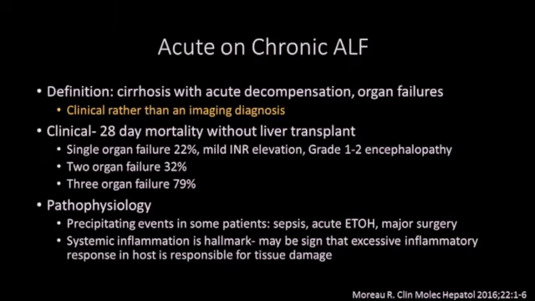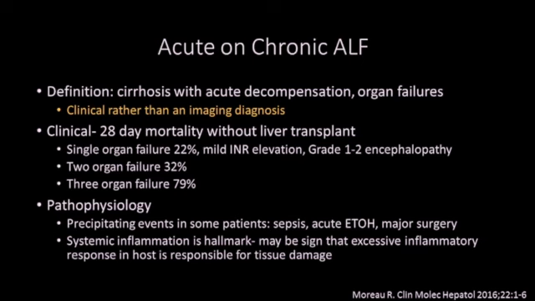Lastly, there are patients who present in acute fulminant liver failure who happen to have some chronic underlying liver disease, and we're learning more and more about these patients. These are people who have cirrhosis and then acutely decompensate and have multi-organ failure. This is a clinical diagnosis rather than an imaging diagnosis. We will see chronic liver failure in these patients, and you can begin to understand that it might be difficult to differentiate these patients from those with subacute fulminant liver failure.